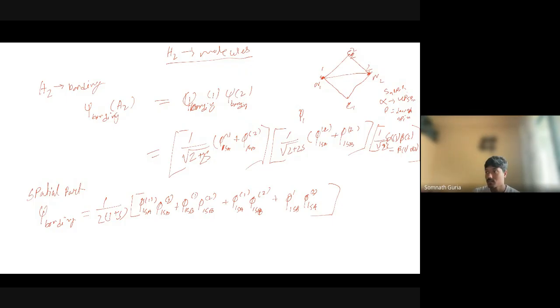Here, 1sA 1, 1sA 2 is actually giving me 1 over 2 into 1 plus S, that is 1sA 1 into 1sA 2, plus 1sB 1, 1sB 2.